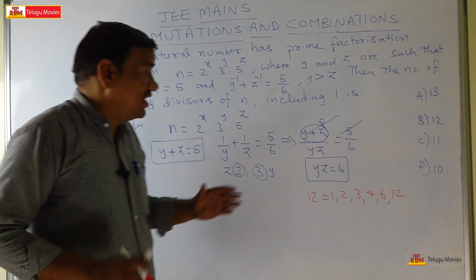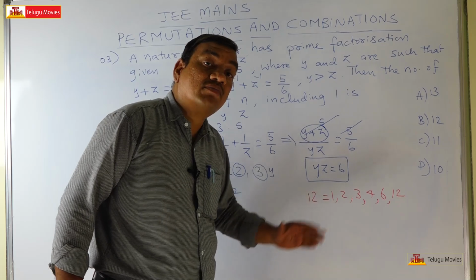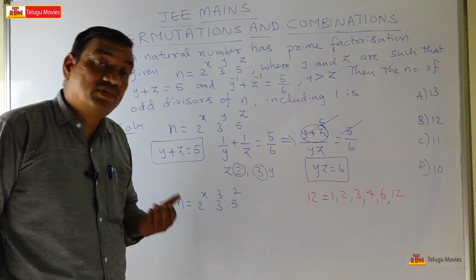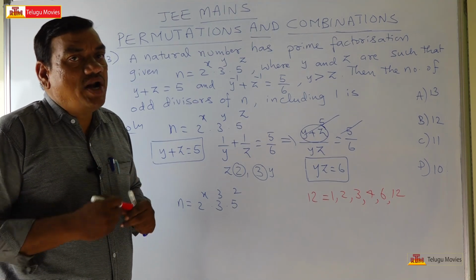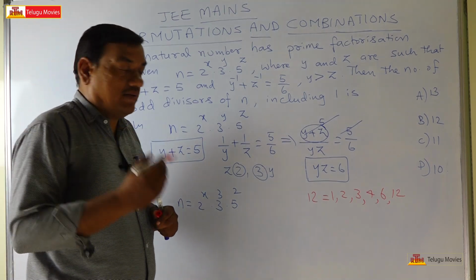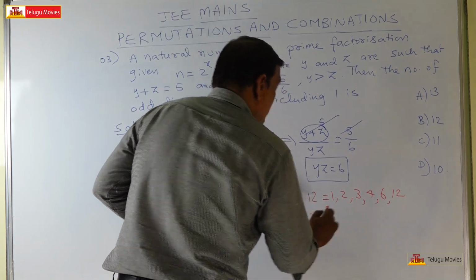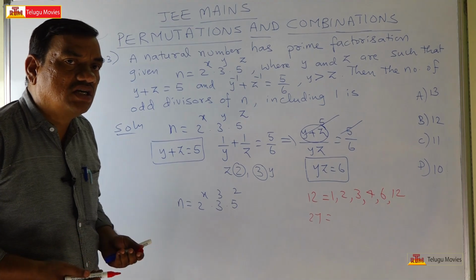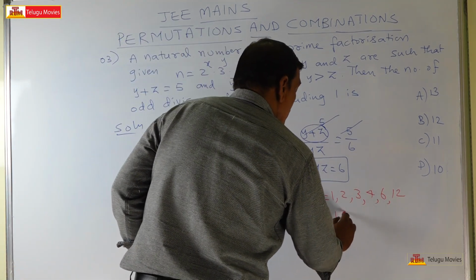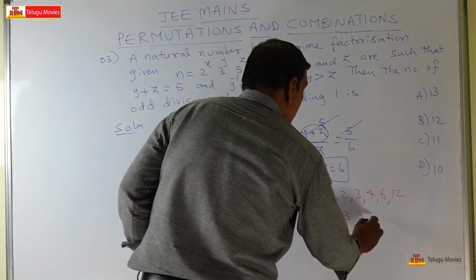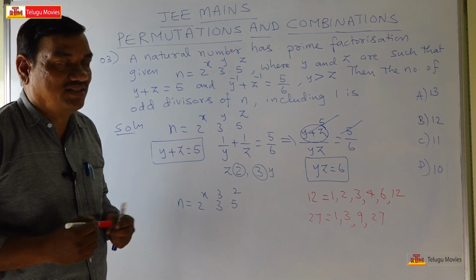If you observe, in this there are some even numbers and some odd numbers also. Let us take an odd number, any odd number, some 27. 27 is an odd number. So what are the divisors of 27? Clearly 1, 3, 9, 27.